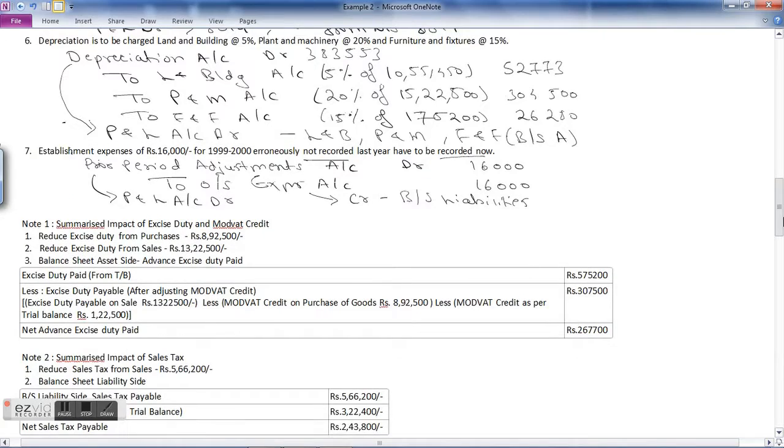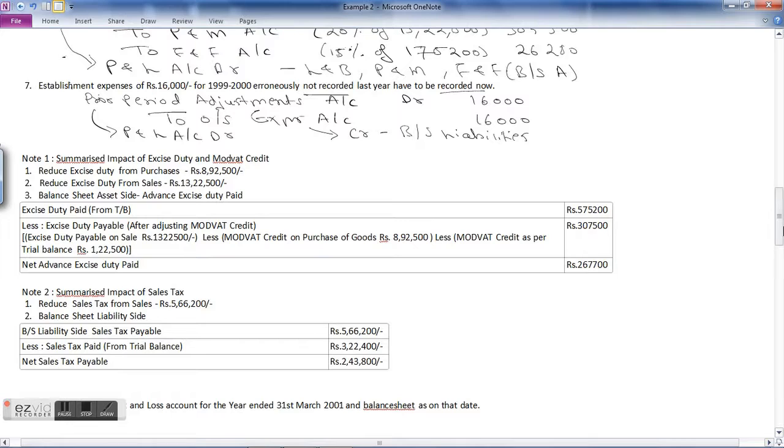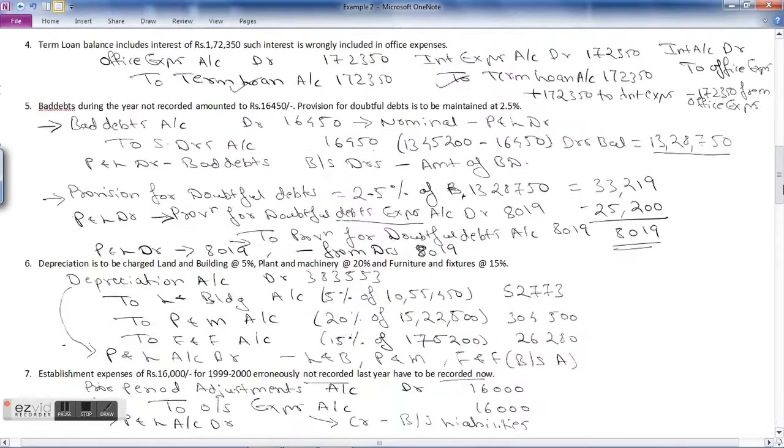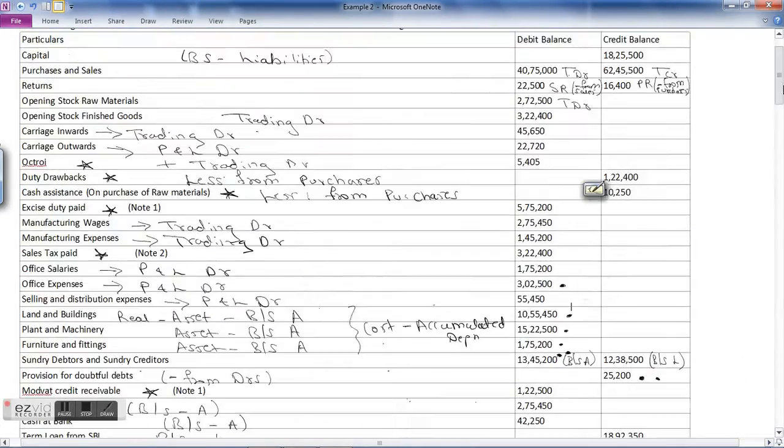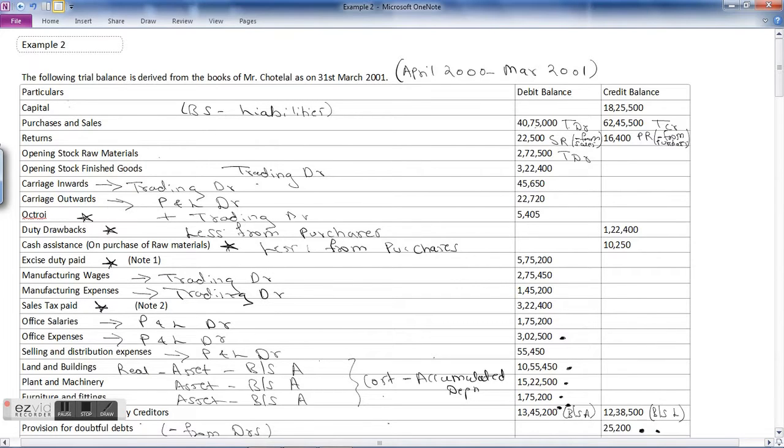Then here is a summarized impact of excise duty and mod VAT credit. Reduce excise duty from purchases, reduce excise duty from sales, and then balance sheet asset side advance excise duty paid. So we'll mark our sales and purchases since it has to be reduced from sales and purchases.